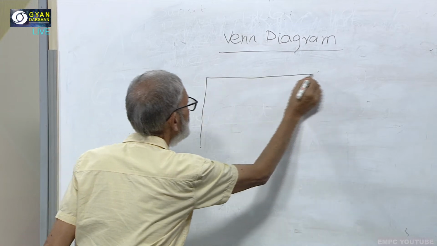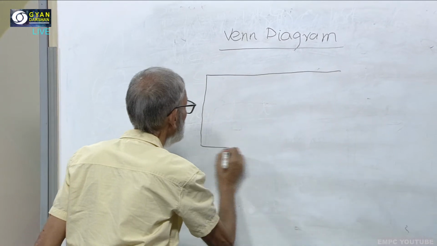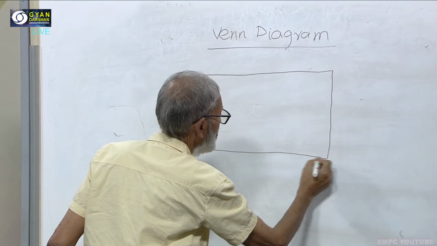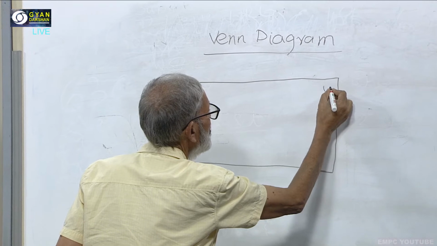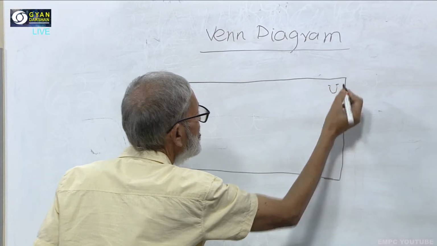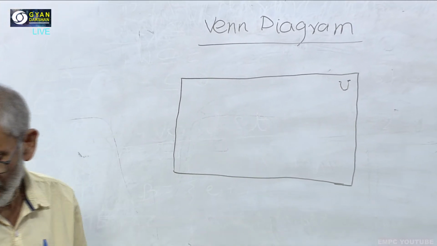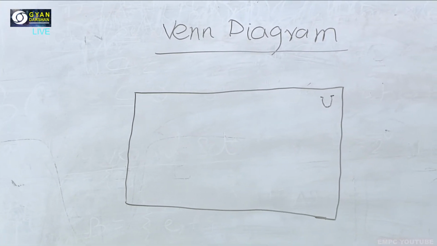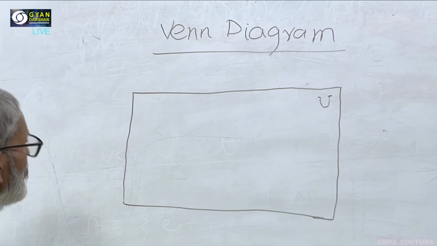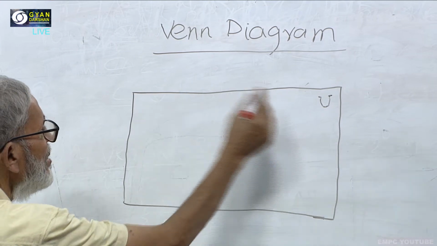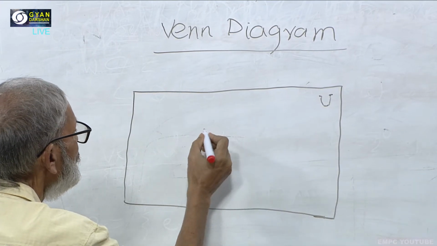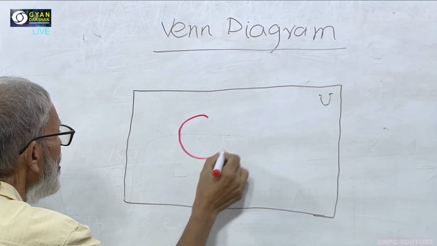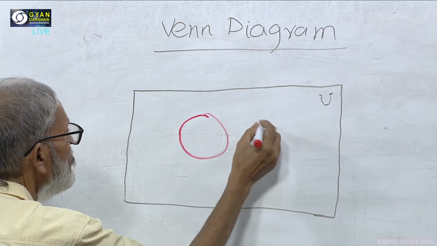So, let us say this is a universal set and it is represented by this rectangle called U. Now, other sets within this are represented by circles.